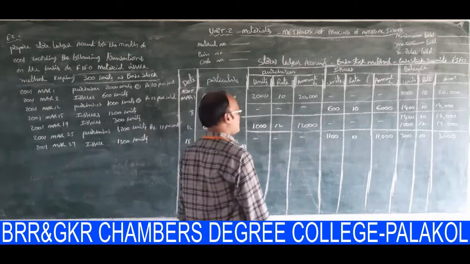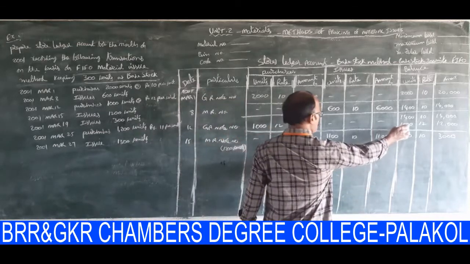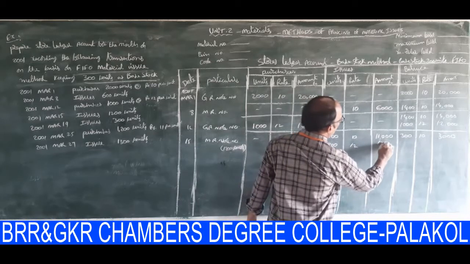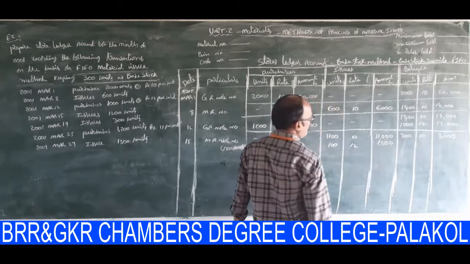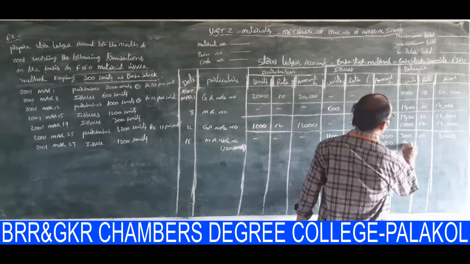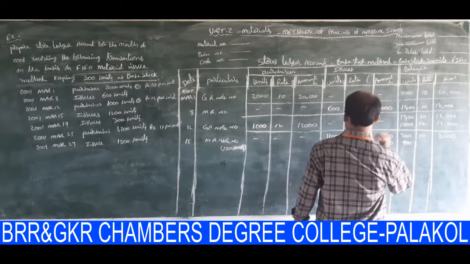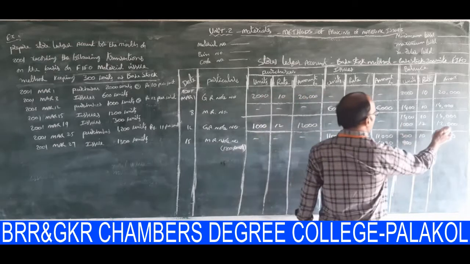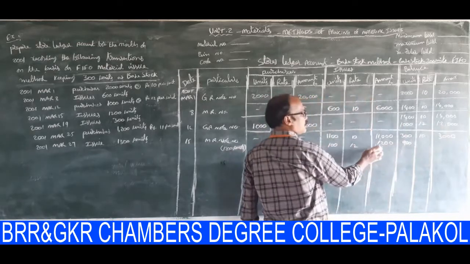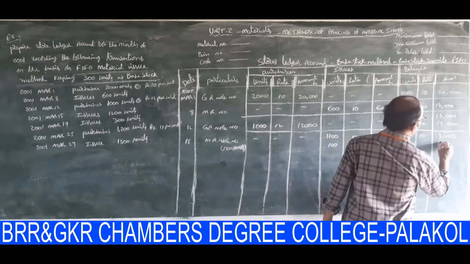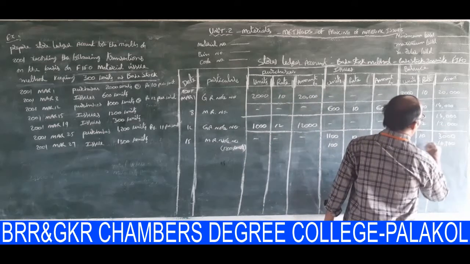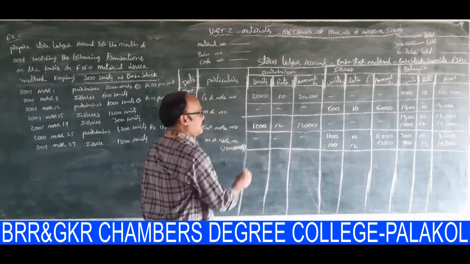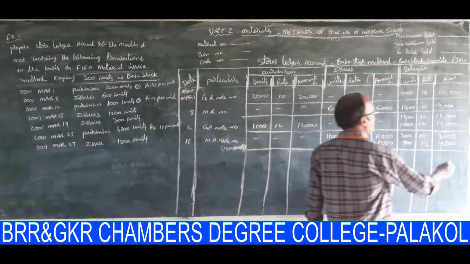So the remaining 100 units are issued from this. 100 into 12, 1200. Then 900 units: 1000 minus 100, 900. 12,000 minus 1,200, 10,800. Don't forget that one. This is the base stock.